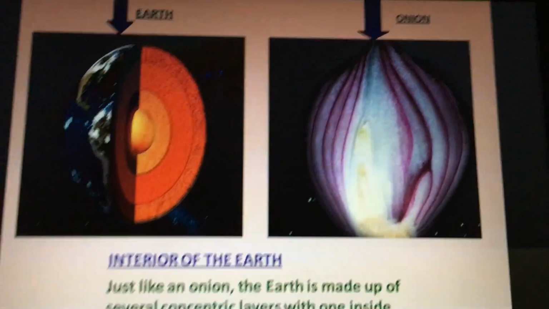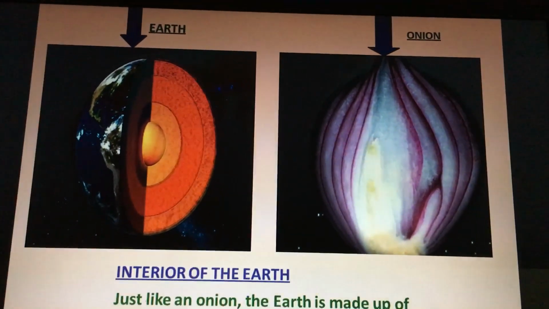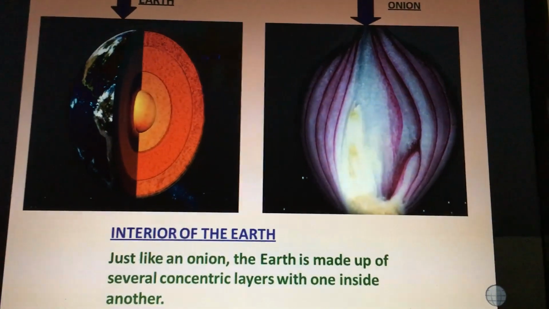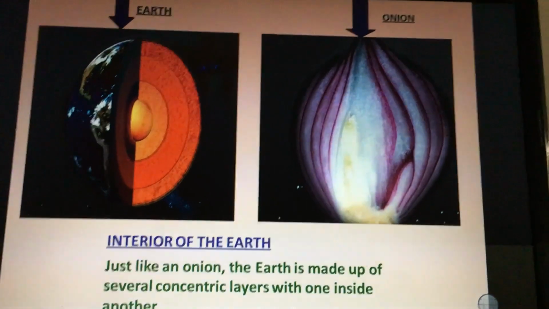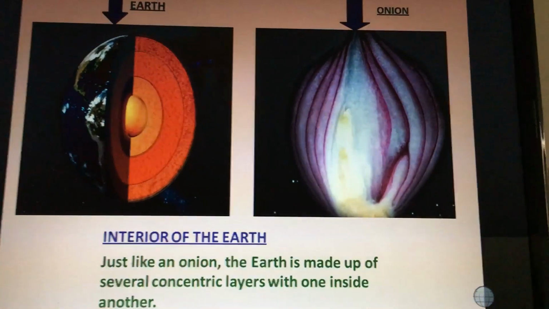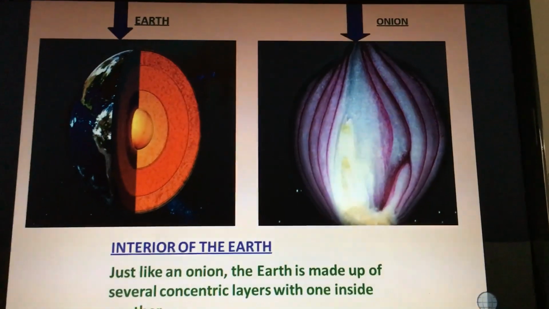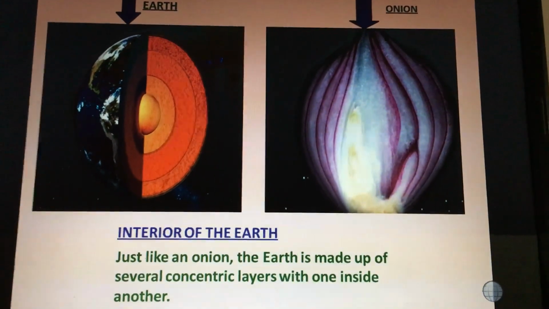Moving on, next there are two pictures. One is of the Earth and the other one is of an onion. The Earth is compared with an onion. Just like an onion, the Earth is made up of several concentric layers, one inside another. As you can see in the first picture, the outer surface where we live is called the lithosphere, as it is hard.